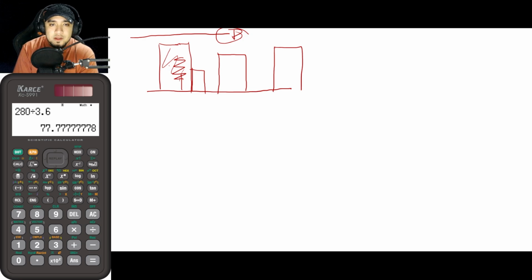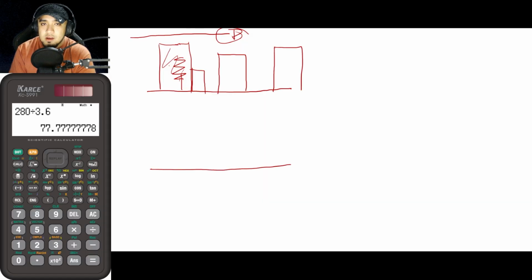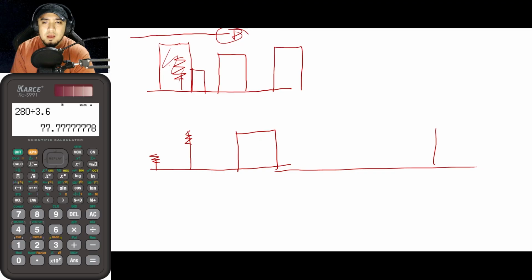So for surface roughness C, suppose that this is your structure and we only have a few obstructions. Let's say we have a small plant here, a tree here, and a building at the far side, whereas those obstructions are very scattered, and wind will be traveling towards this direction.